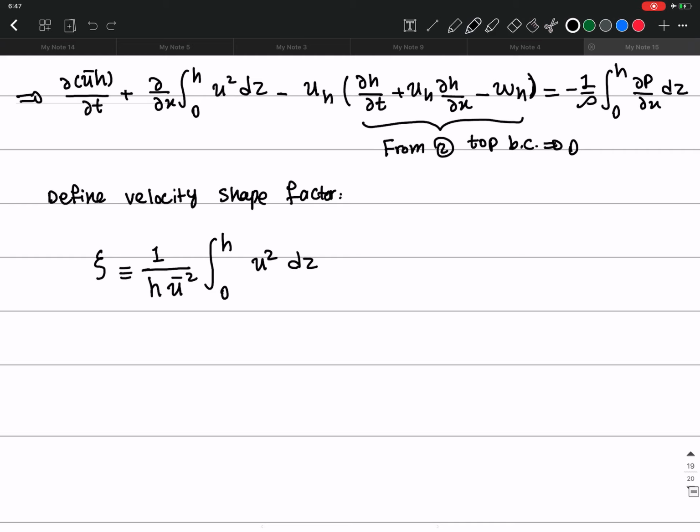Okay, so when u, or the velocity, is independent of z, what does that mean? That means that I can take this u out of the integral, right?